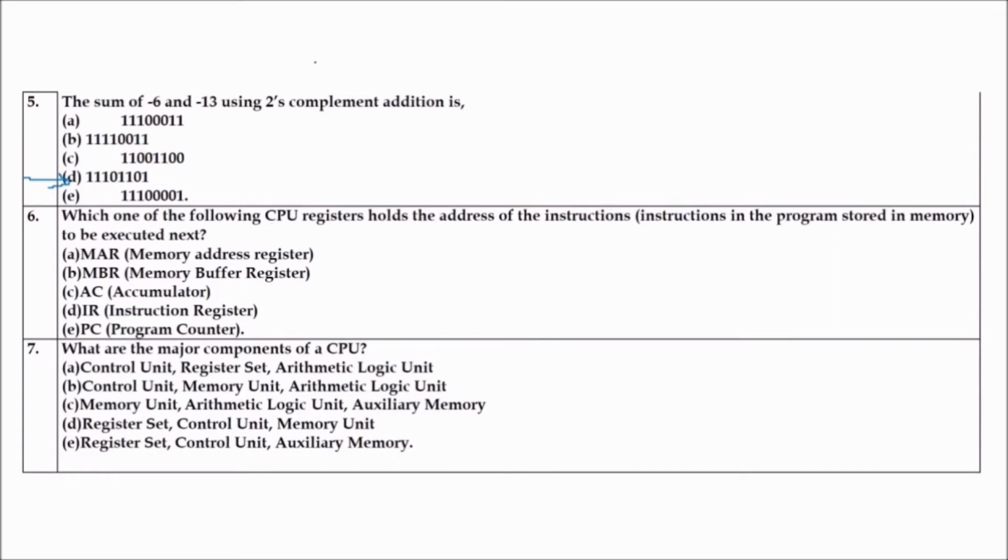First we'll start with -6. The 2's complement of -6 is 1, 1, 1, 1, 1, 0, 1, 0. And the 2's complement of -13 is 1, 1, 1, 1, 0, 0, 1, 1.